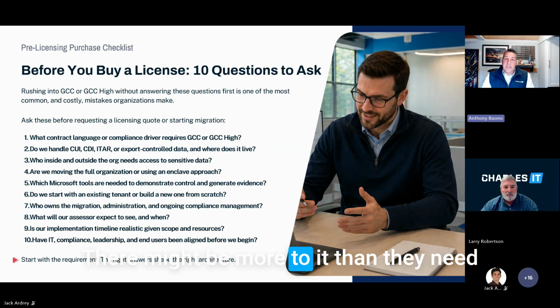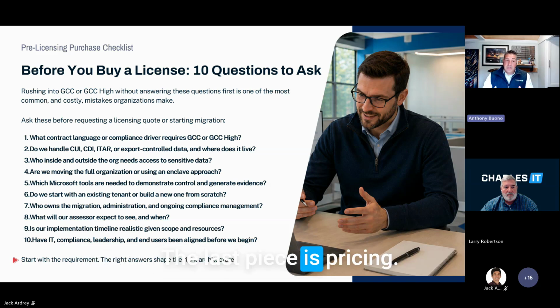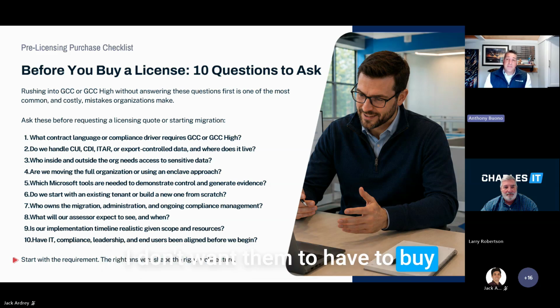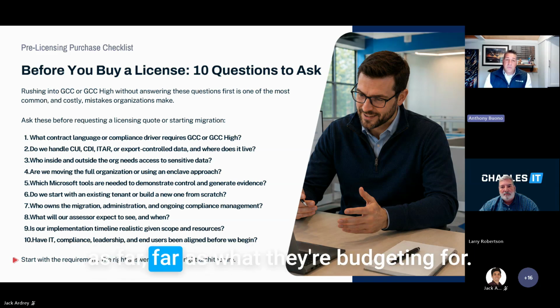There might be more to it than they need to unravel, and more than they can actually handle within their environment. The last piece is pricing. Microsoft just went through a July 1st pricing change, and that impacts how people go. I don't want them to have to buy something and then a new price comes into play, which impacts what they're budgeting for.